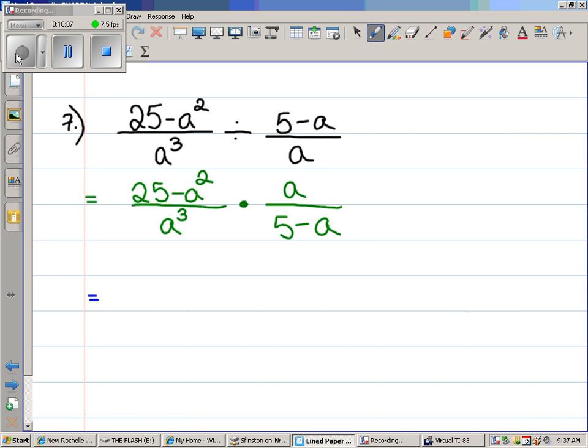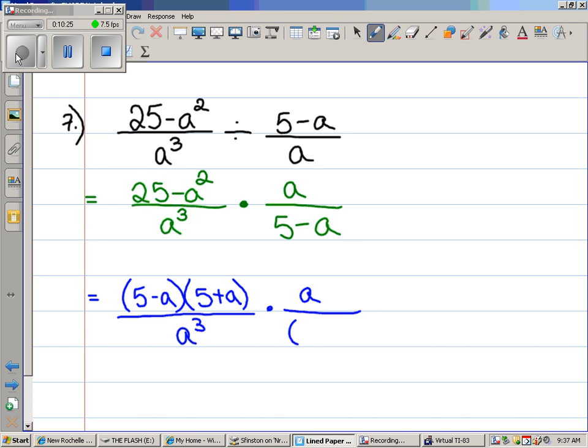25 minus a squared. What is that? Yeah, it's the difference of two perfect squares. It's 5 minus a, John, and then what else? 5 plus a. Very good, man. Very good. Then we got a cubed on the bottom times a, and I'm going to group it together, put rubber bands around it, 5 minus a.